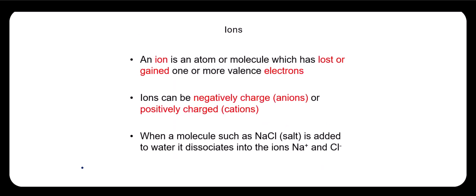So you also talked in general chemistry about ions. So ions are an atom or a molecule that has lost or gained one or more valence electrons. So we have a charge there because of the electrons. If we have a negative charge, it's an anion. If we have a positive charge, it's a cation. So it's easy to forget this because let's say we have a molecule like sodium chloride.